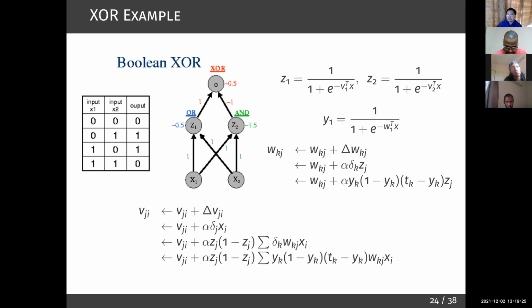Okay, so this is the classic example of the perceptron model of the artificial neural network, the single layer perceptron, where it was not able to classify or output the expected output for this kind of inputs.